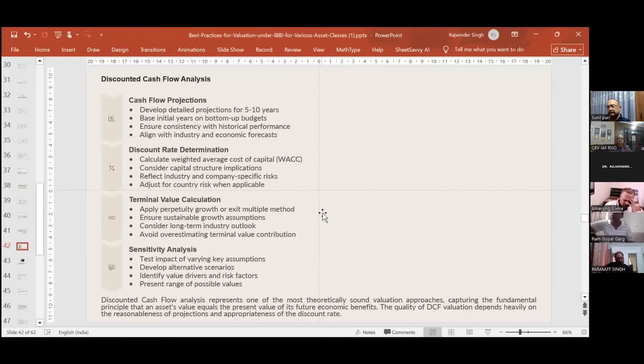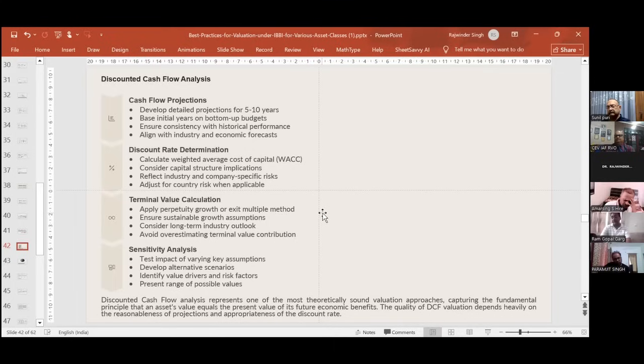Once these two things are known, cash flow projections and discount rate, another important thing is calculation of terminal value. For terminal value, you may apply the perpetuity growth or exit multiple method. Apply one of them.